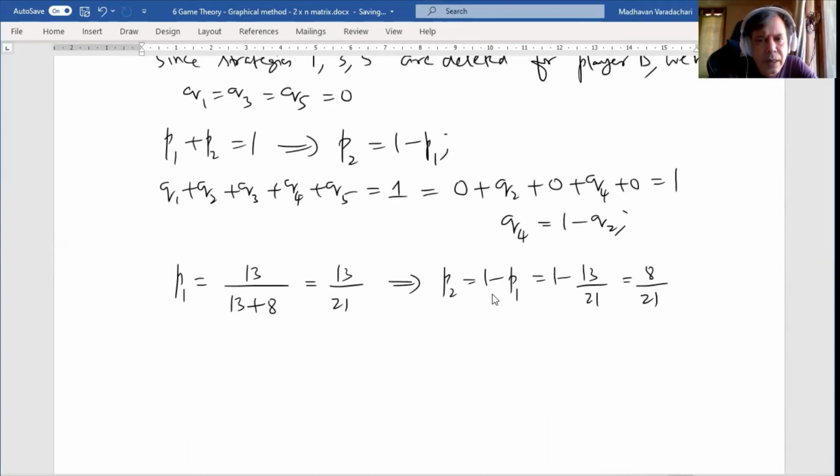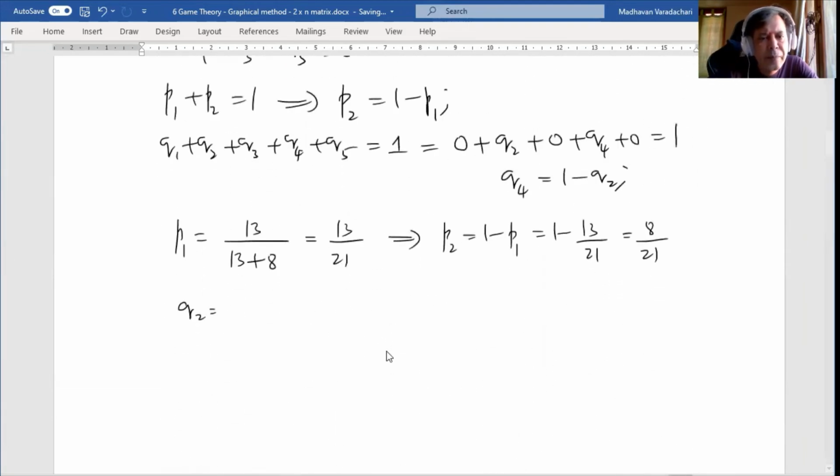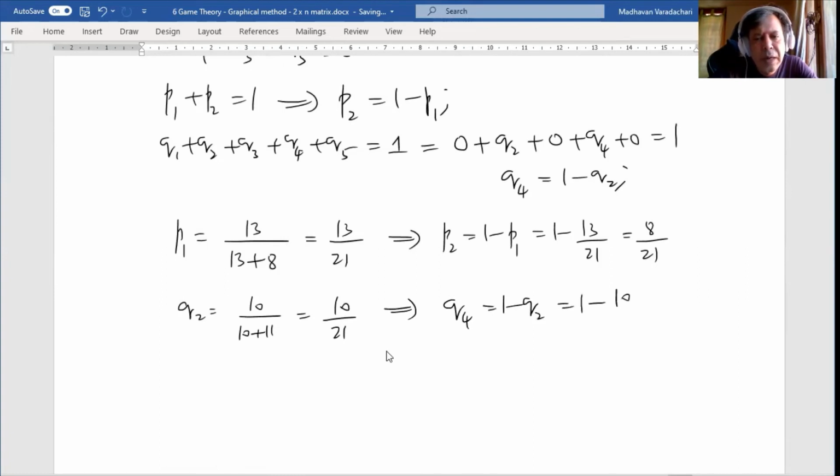Then let's calculate Q2. What is the corresponding oddment? 10. 10 divided by 10 plus 11, which is 10 by 21. That means our Q4, which is 1 minus Q2, will be 1 minus 10 by 21. That will be 11 by 21.